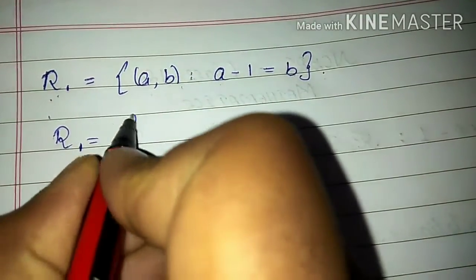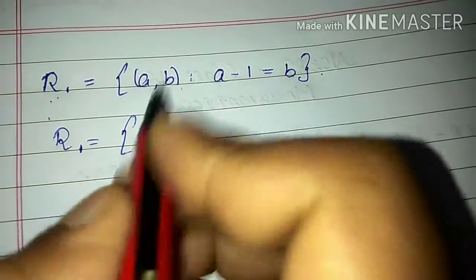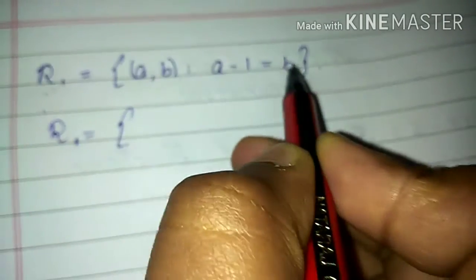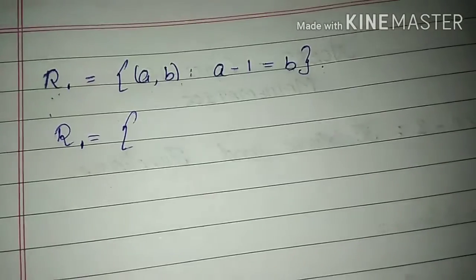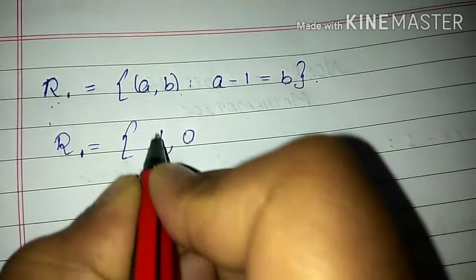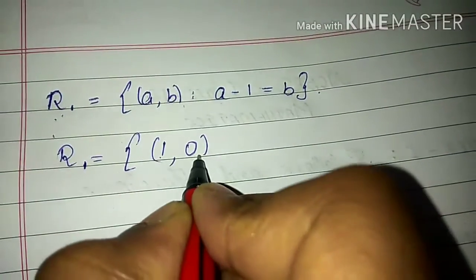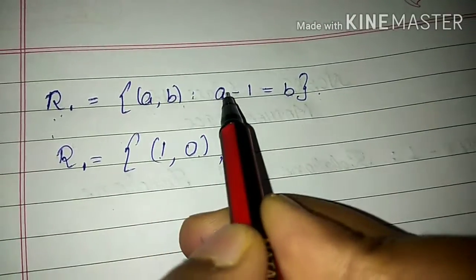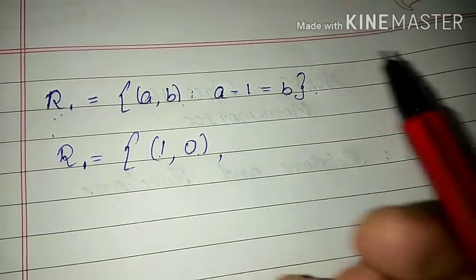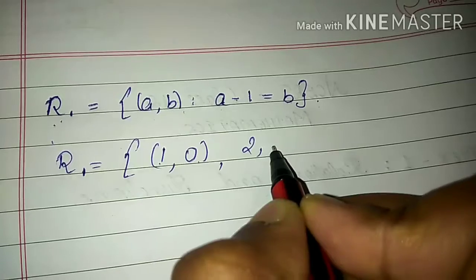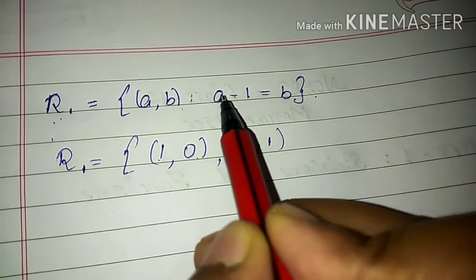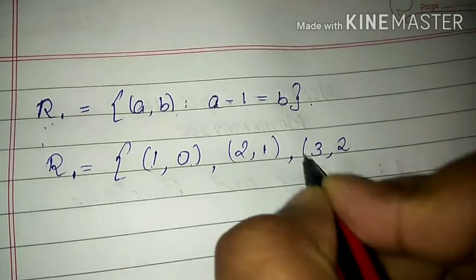R1 is equal to: if I take 1 minus 1, which is 0, I'm taking (1, 0). This is a, this is b. Next, we'll take the number 2. 2 minus 1 is 1, so (2, 1). If I take 3, 3 minus 1 is 2, so (3, 2).